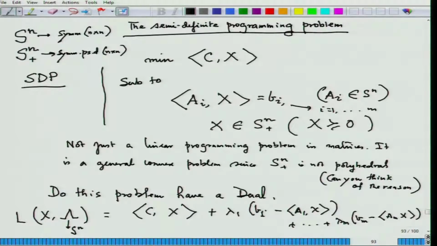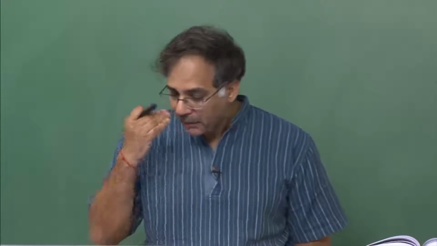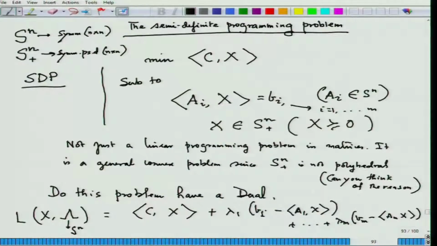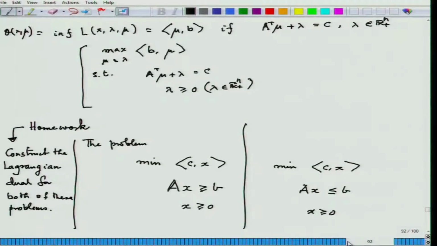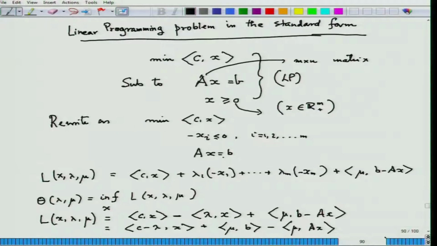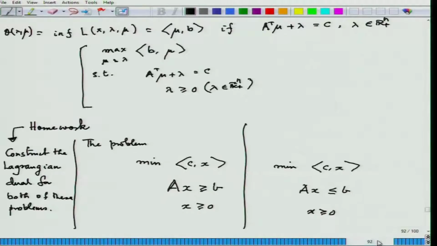But we are not going to handle it this way, though I will allow you to think over how to do it. You can do it, but it is not apparent, because you cannot write down the Lagrangian in an easy form of inequalities as we have done for the LP case.